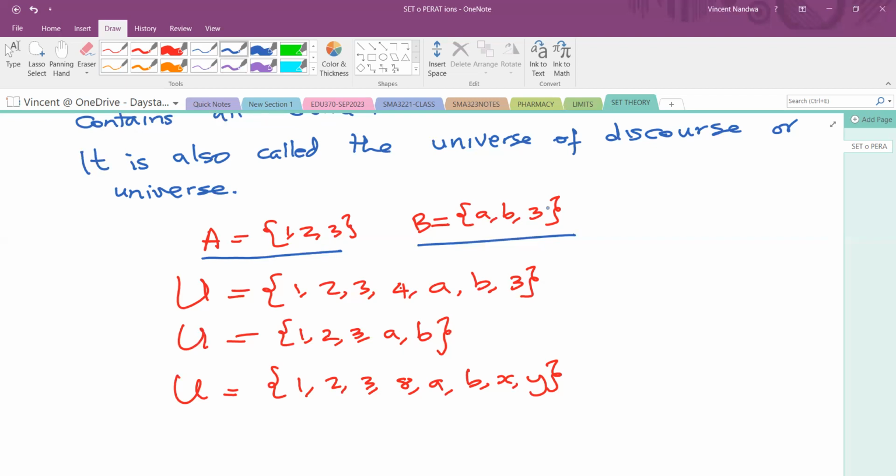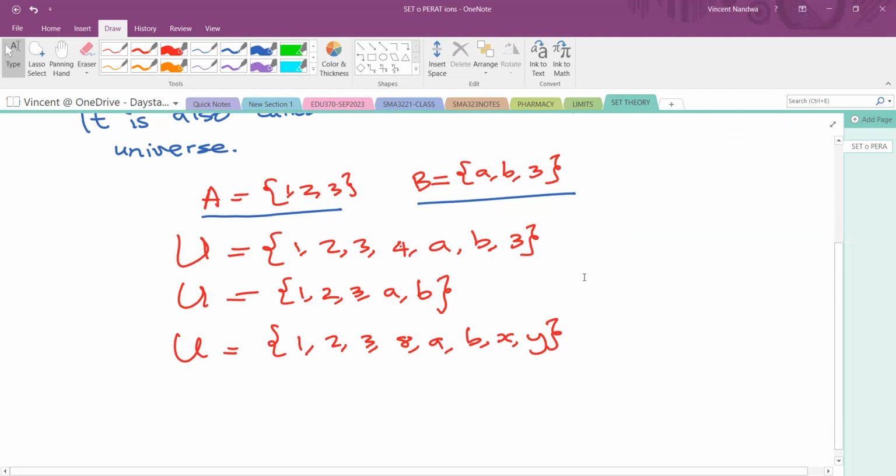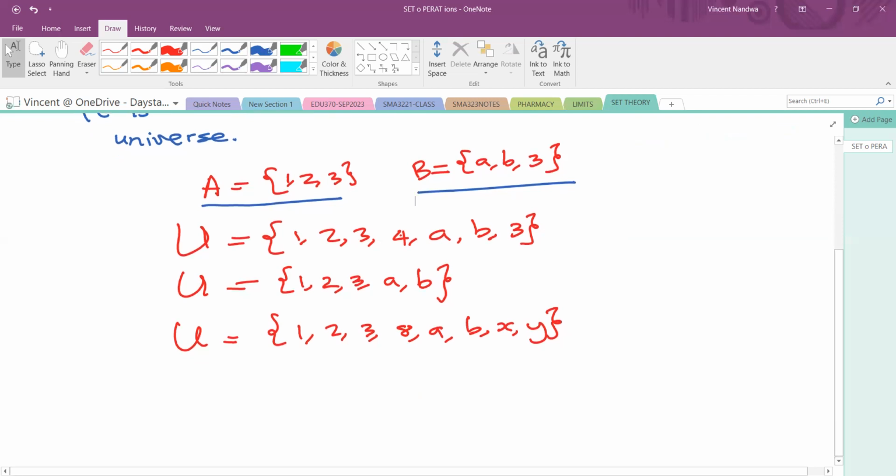What matters is that all that you can see in the listing of A and the listing of B should be seen in the list of that other set that will be referred to as the universal set. So all these are other possibilities of the universal set, which means that the universal set is not unique for some given scenarios. For instance, all these other three qualify to be called the universal set with respect to the sets A and B.